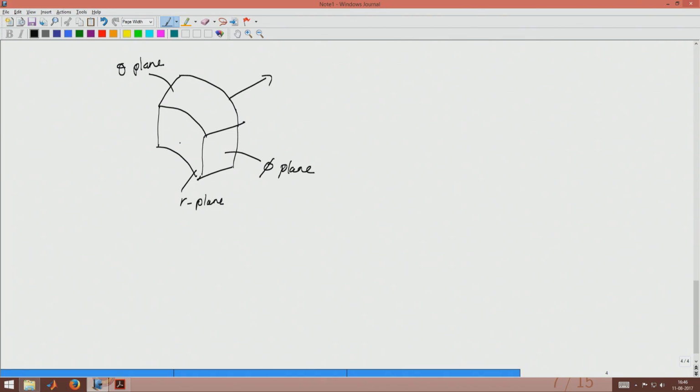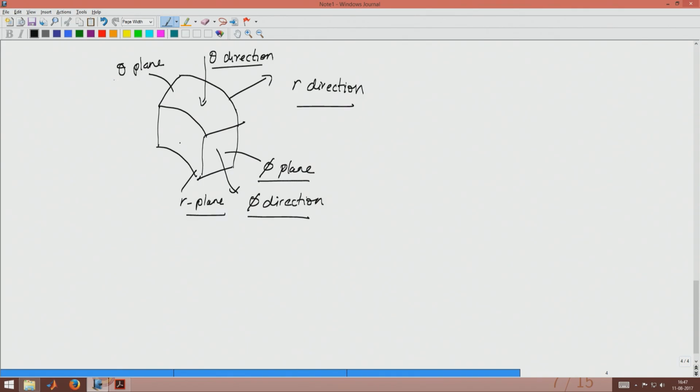Similarly, this is the r direction, this is the phi direction, and this is the theta direction. So, now we have defined the 3 directions r, theta, phi, and we have defined the 3 planes. So, basically we now have 9 combinations.